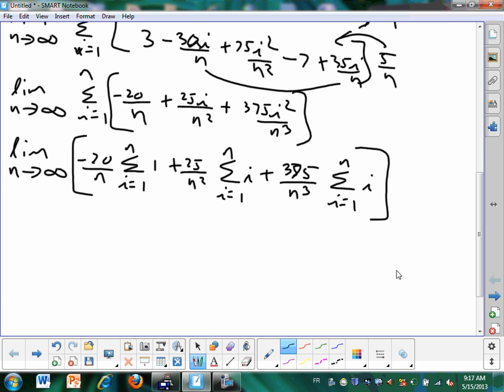So I've factored out everything that wasn't an i of all those pieces, and I replaced those sigmas with the table I gave you in your notes.